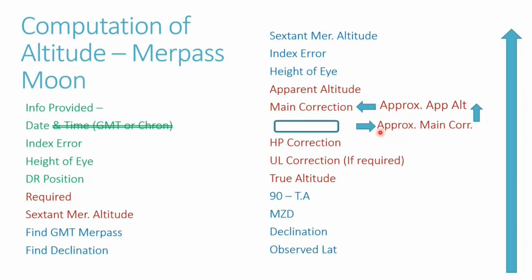We apply this to the uncorrected altitude in the reverse way, and we get the approximate apparent altitude. We enter the main correction table again with the approximate apparent altitude, and we get the accurate main correction. The accurate main correction is now used with the uncorrected altitude to obtain the apparent altitude.